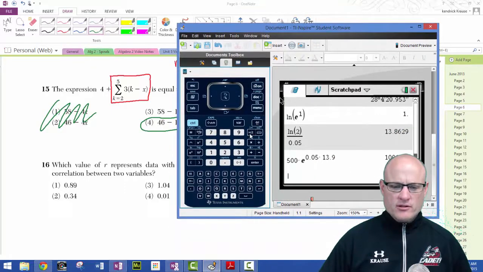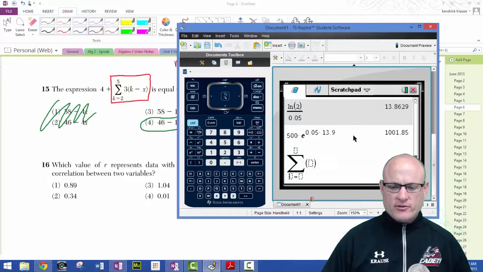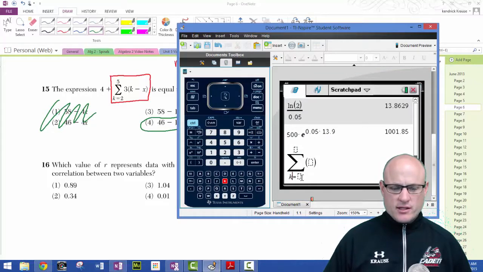So I'll go back into this summation and we're going to use K, and they're going from 2 to 5, and it is 3 parenthesis K minus.